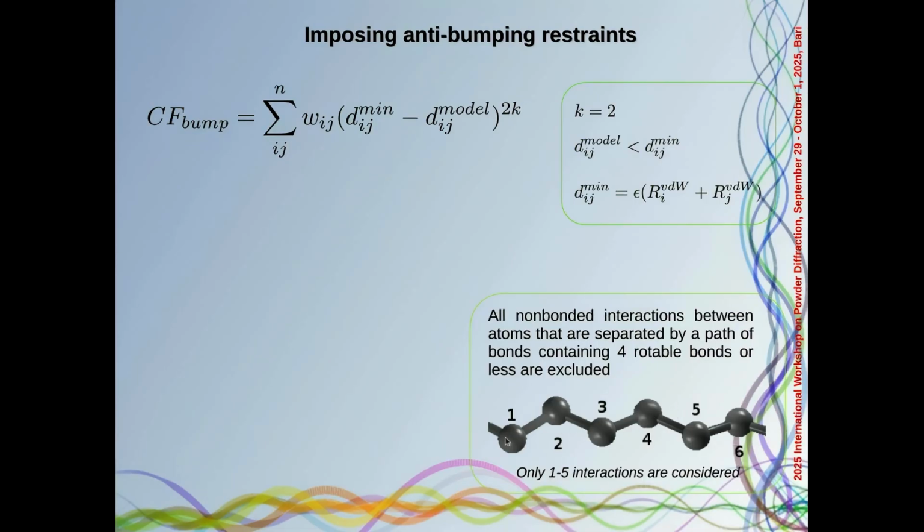You have to consider the interaction 1, 5, and only if these torsion angles are rotatable. Because if you are in a rigid system, it is not necessary to consider the anti-bumping restraint.